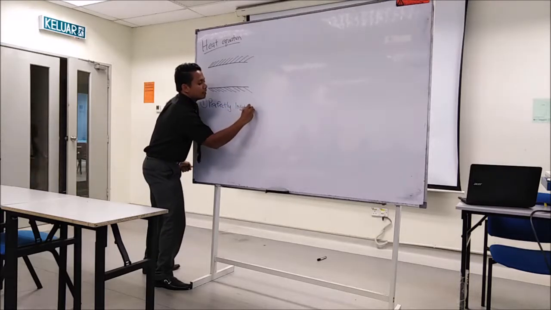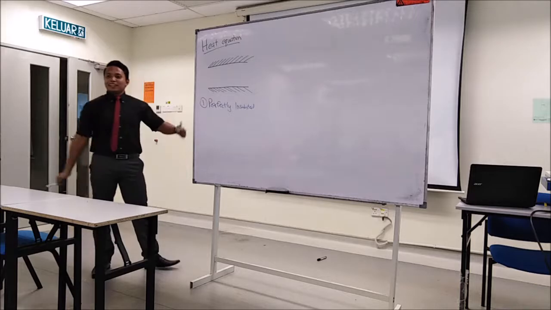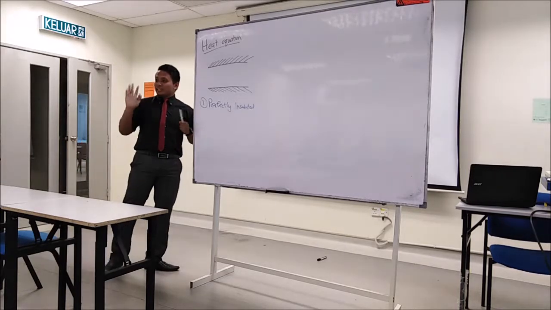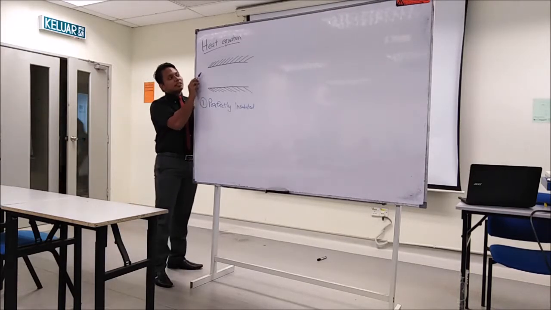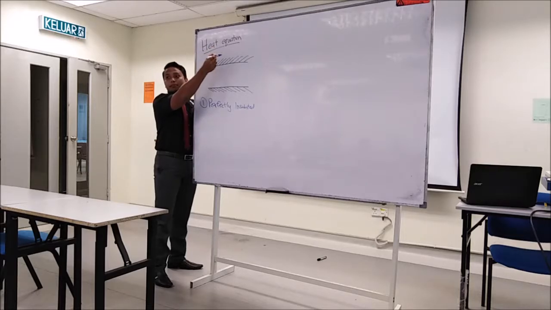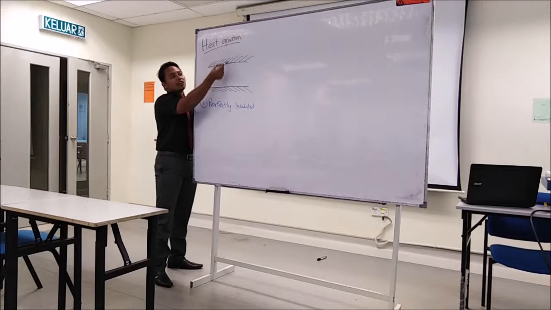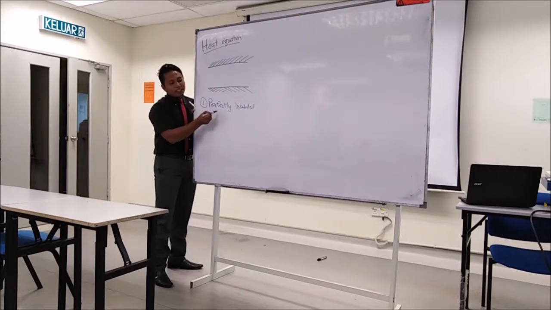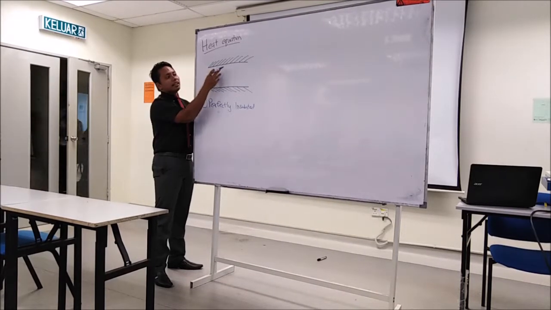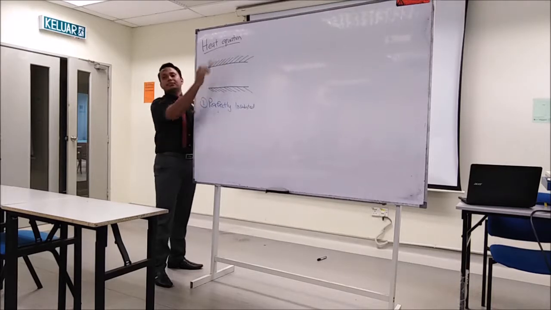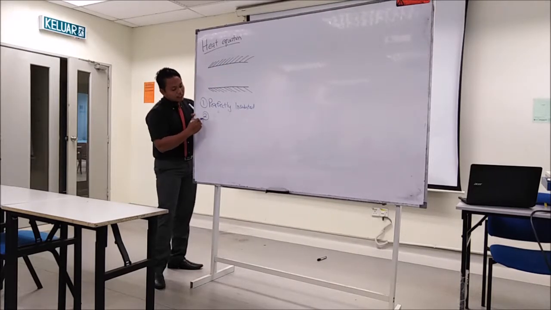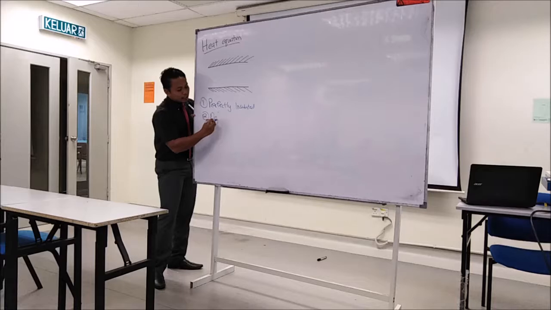Do you know what that means? Do you understand this? Perfectly insulated? It means if we supply heat from the outside, for example, there will be no heat transfer across this material. It is perfectly insulated. The same thing, the heat from inside will not be transferred out. And secondly, this rod does not move.